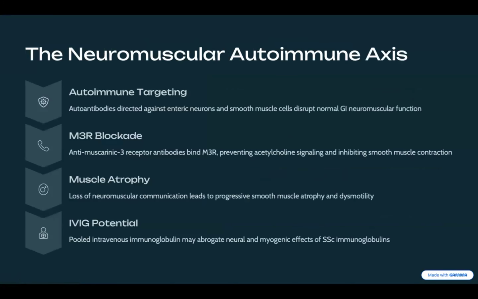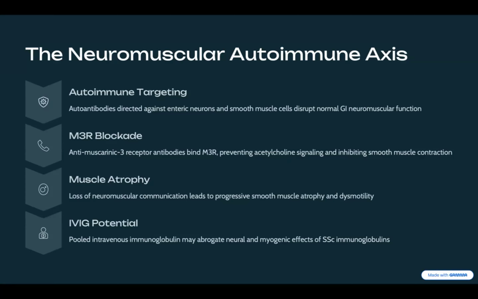How does it target the nervous system? It is not well known. Some of them have antibodies against the muscarinic receptor M3R, and binding of muscarinic receptors can cause signaling abnormalities and smooth muscle dysfunction. But it is only seen in few patients, not in everyone. So the reason is perhaps not much known.